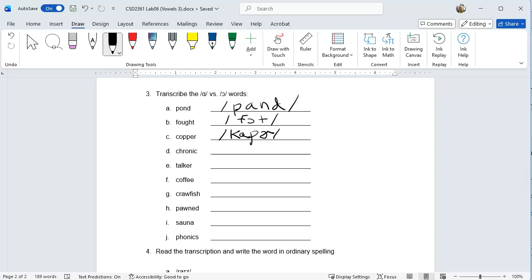Next word is chronic. That's another example of the ah vowel. And it's not chronic or something like that, so stress is on the first syllable. I would expect most of you to do like I did there and put an I in the transcription.